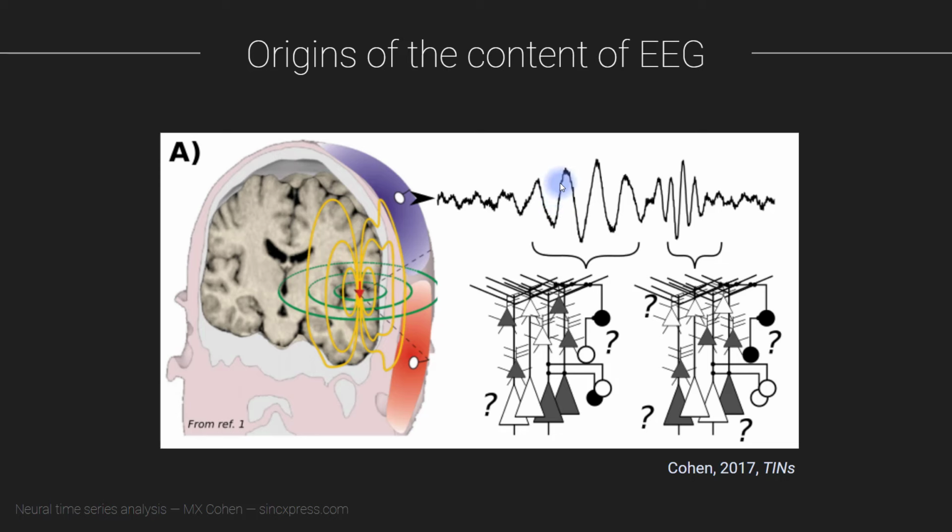This is something that we are all working towards, and we're making progress, but we lack a really good understanding of the content of EEG. And in order to understand the content of EEG, you will need to analyze the EEG signal appropriately to get the most information that you can out of this signal. And of course, that's kind of the goal of this whole course.